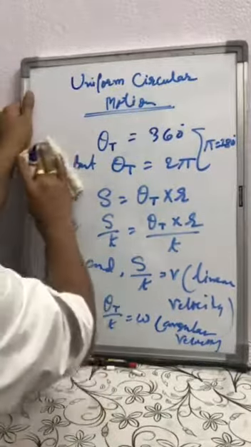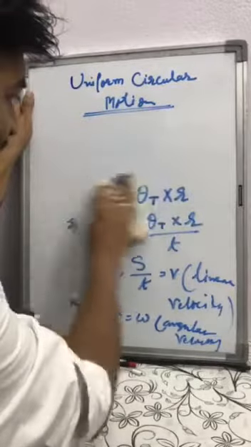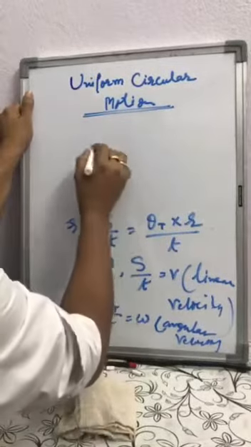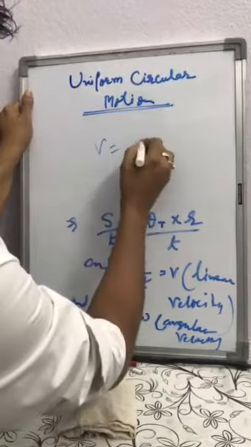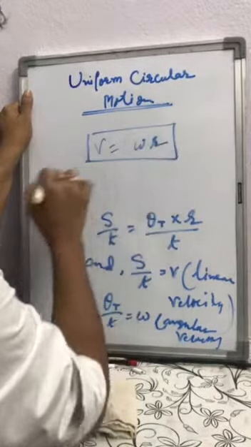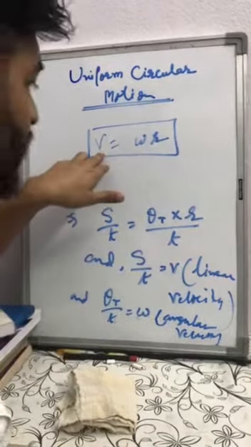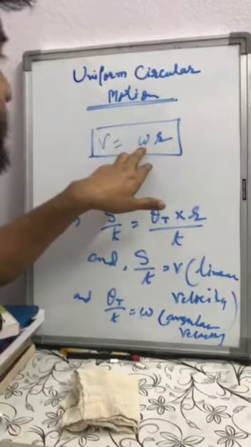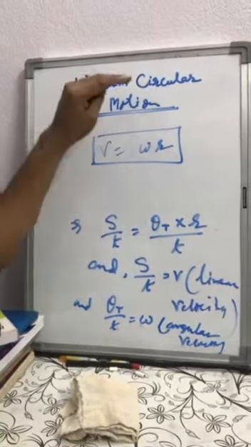So from the above formula we can say that V is equal to omega r.